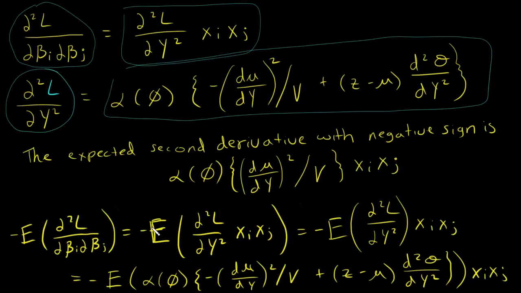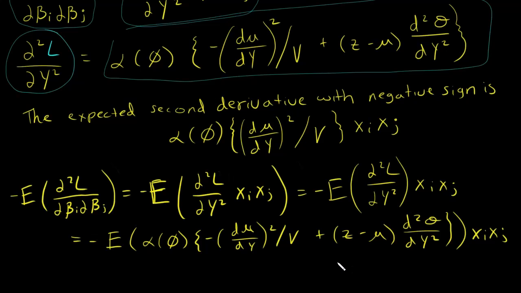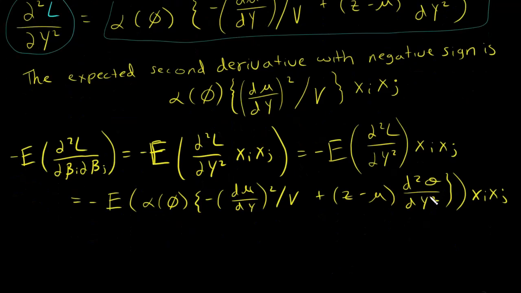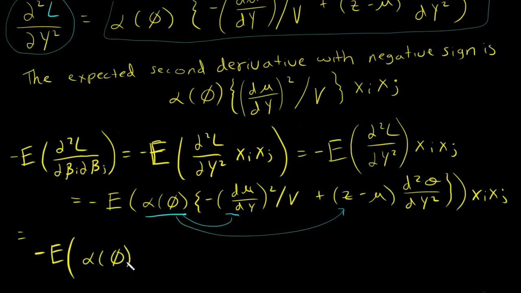All right, so now, remember my only random variable is z. So let's go ahead and just do some distributing to kind of make things a little easier. First thing I want to go ahead and distribute is this alpha of phi. So I'll multiply it by both pieces of the sum. Okay, and I'll get equals negative the expected value of alpha of phi.